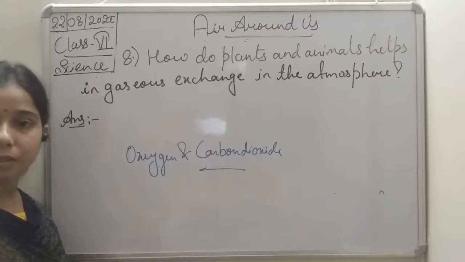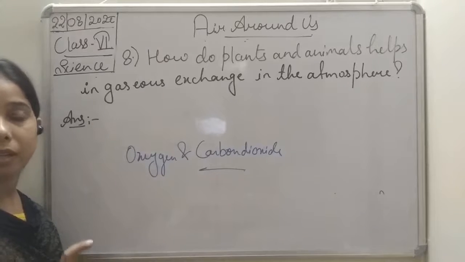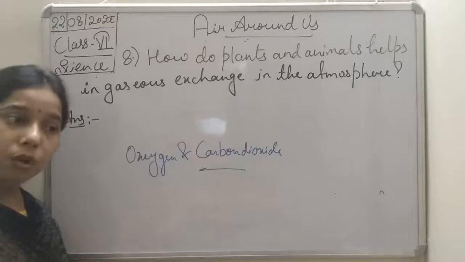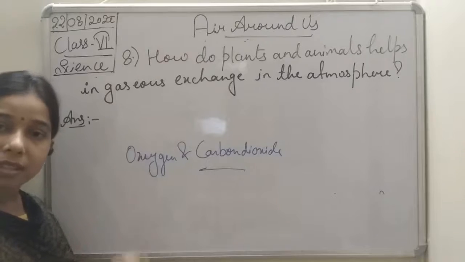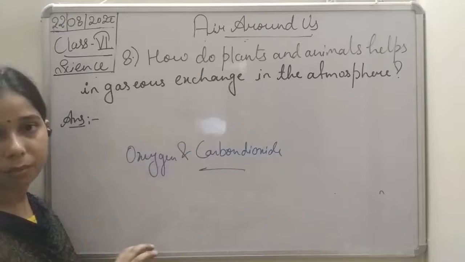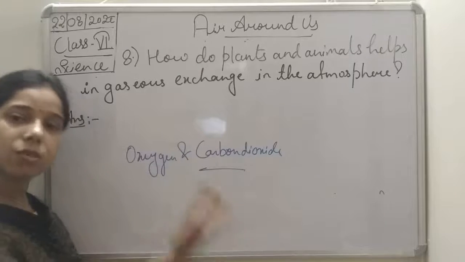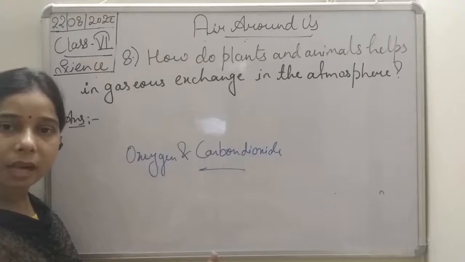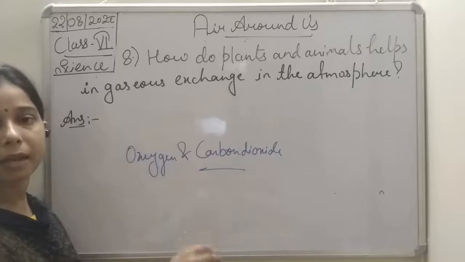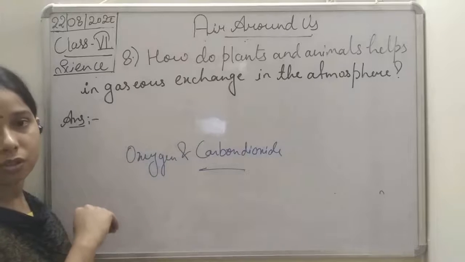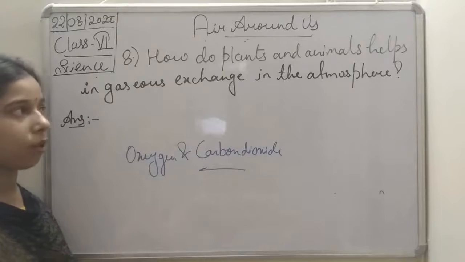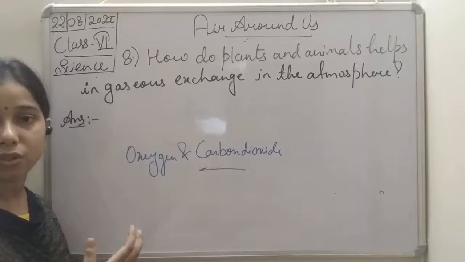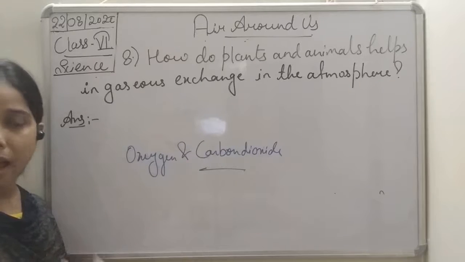That gas is known as oxygen. So by the process of photosynthesis, oxygen is released in the atmosphere. Again this oxygen is used by us. We release the carbon dioxide. This carbon dioxide is used up by the plant. Again they release the oxygen. So this cycle goes on and on. This is the gaseous exchange which takes place in the atmosphere.